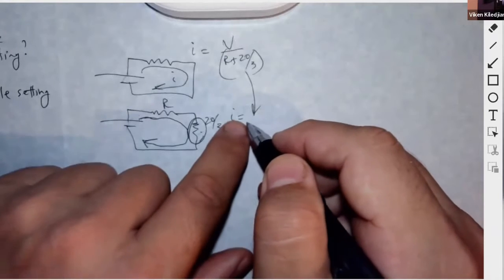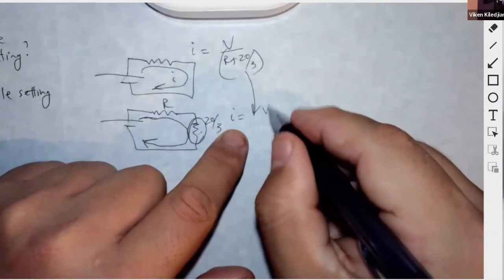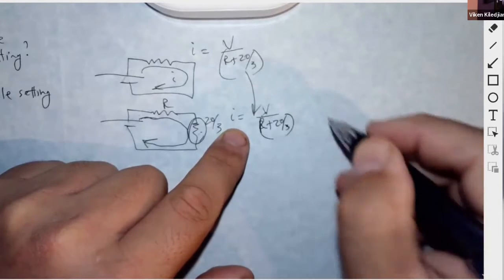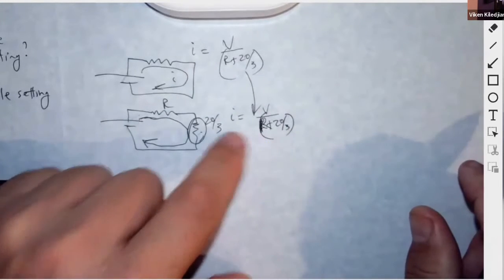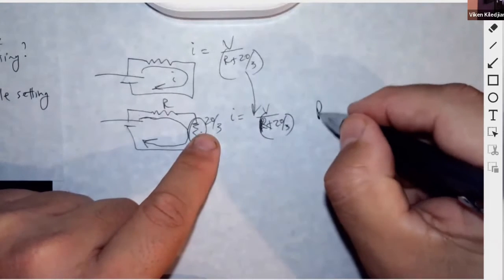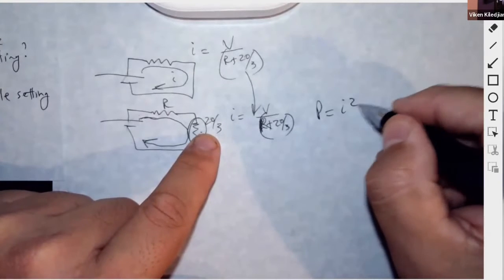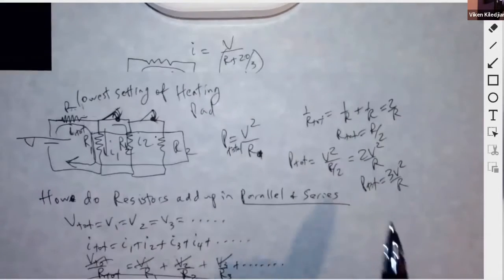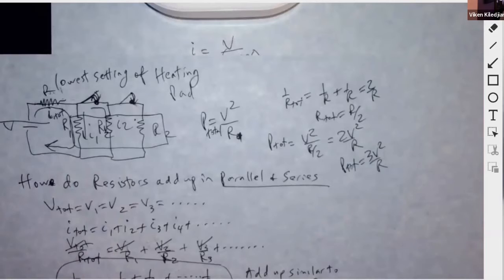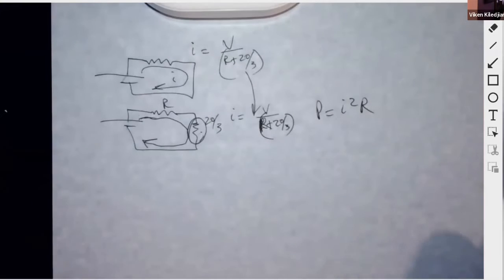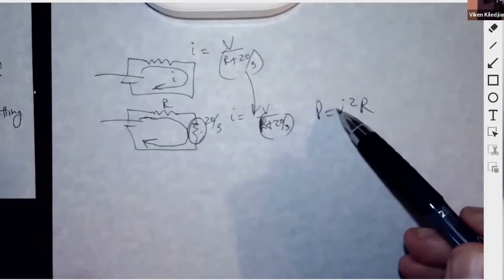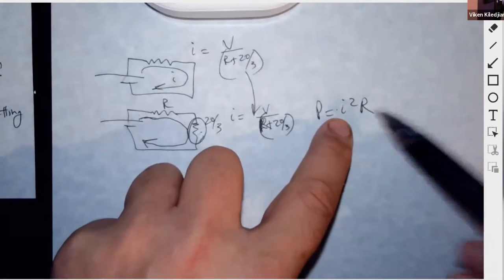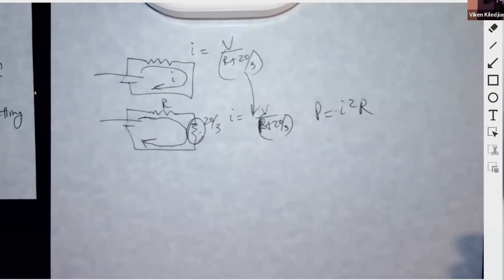If I know the current is that, then I could use this equation, P is equal to I squared R. Remember, there's three forms of the power equation. Where was it? Well, I wrote it earlier. Depending on if you know the current going through that resistor, you could just directly use that instead of the voltage if you don't need the voltage.